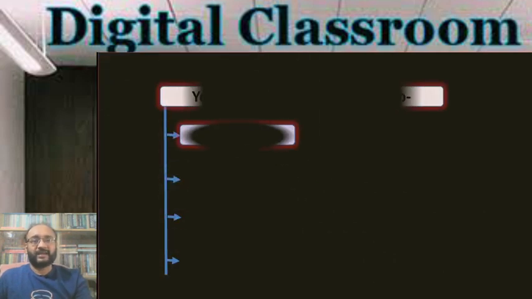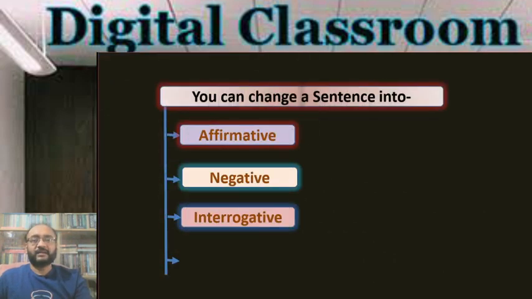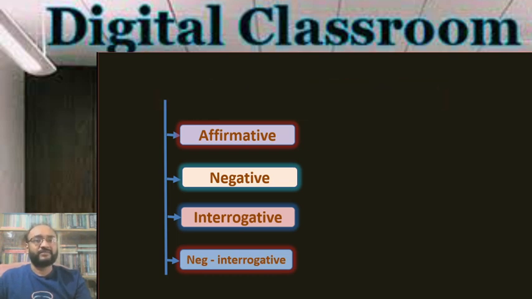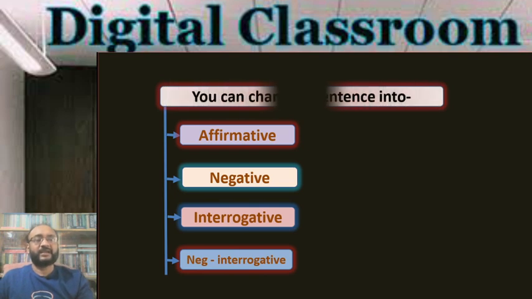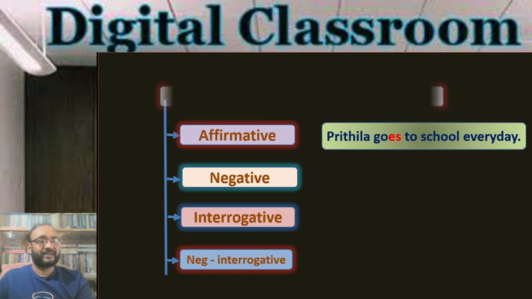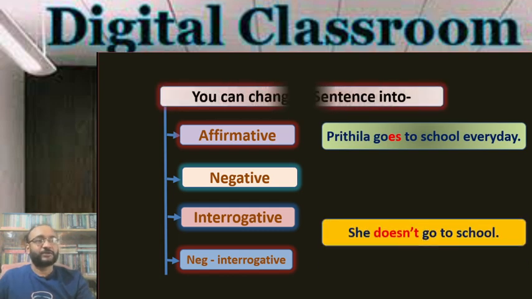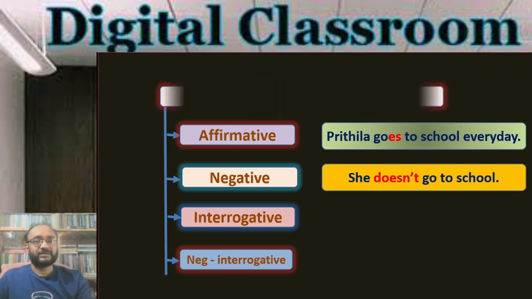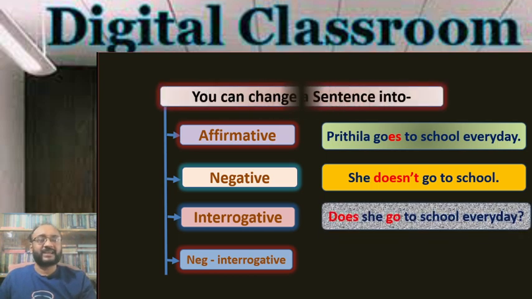More examples you will get, and there are 4 forms of sentences also: affirmative, negative, interrogative, and negative interrogative. You will see, Pritila goes to school every day. Pritila does not go to school. And interrogative, does she?